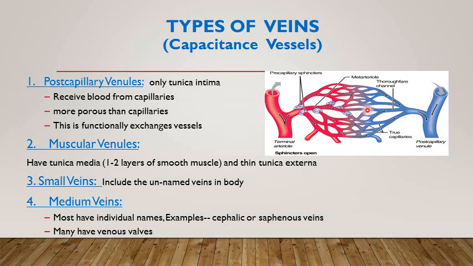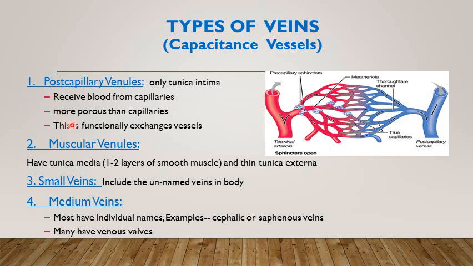The post capillary venules have only the tunica intima in their wall. This is just a single layer of endothelium with a very small amount of collagen tissue supporting it outside. They receive the blood from the capillaries, and they have a very porous structure.